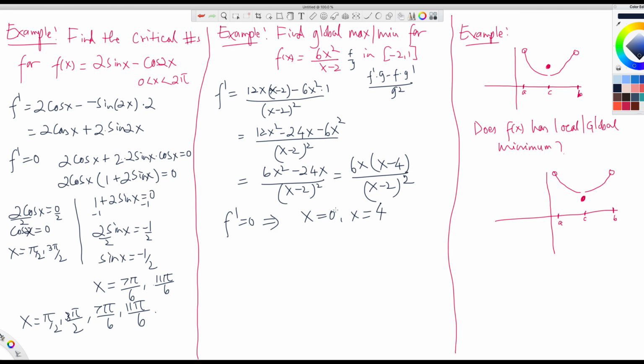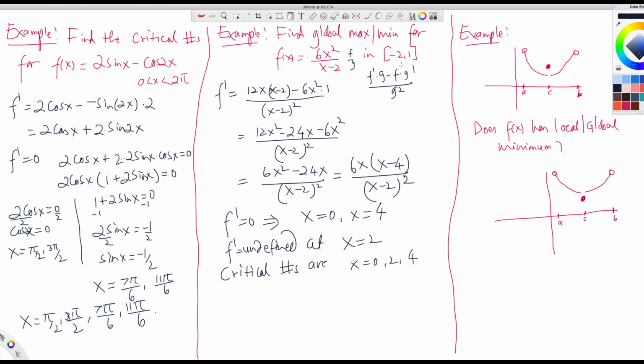And in the denominator, f prime is undefined for what values of x that give you 0 in the denominator? x equals 2. So the critical numbers are x equals 0, 2 and 4.